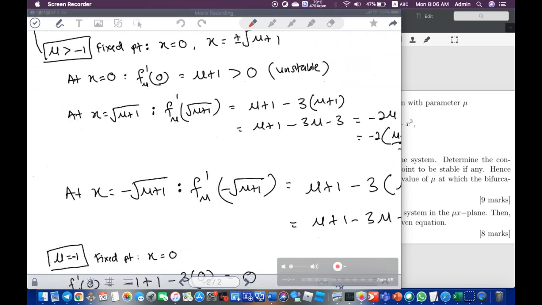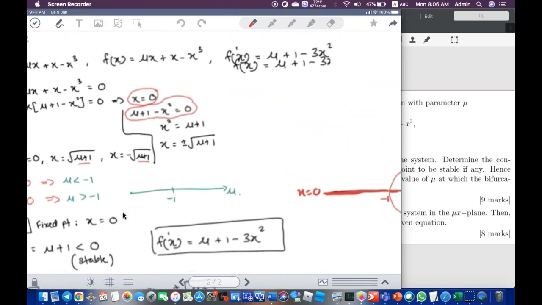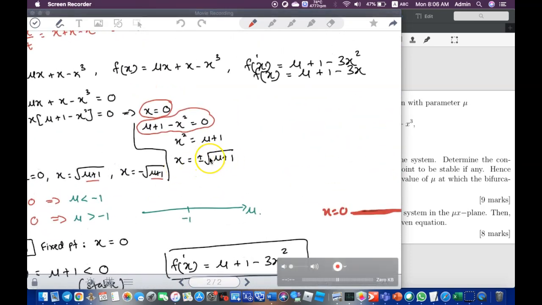Now the positive square root and the negative square root, where do these two expressions come from? Look again here. This plus minus square root comes from the quadratic, right? But now x is in terms of mu.